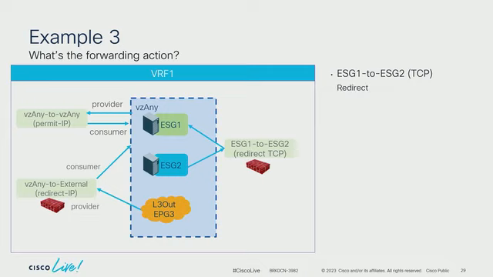It's going to be redirect because ESG1 to ESG2 is a more specific contract. Then ESG1 to external EPG is going to hit the any to external EPG contract. This is also redirect. If you have ESG1 to ESG2 UDP traffic, it still hits permit with any to any. So this is how zoning rule priority works. The granular rule will always take precedence.